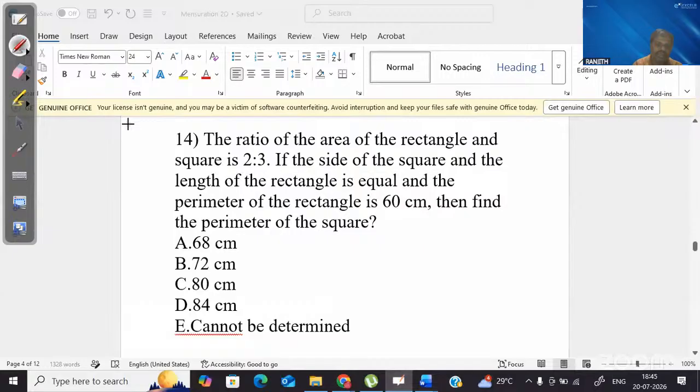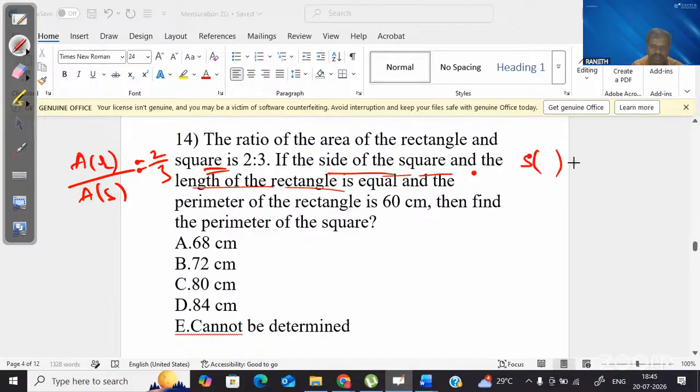The ratio of the area of rectangle and square will be equal to 2 by 3, if the side of the square and length of rectangle is equal to the perimeter of rectangle.